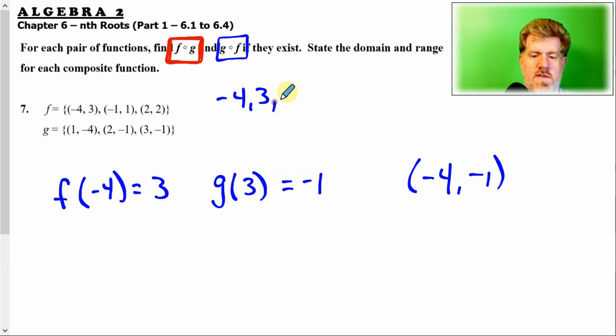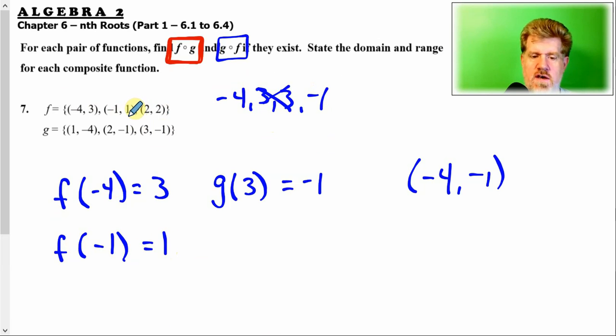Down here I got a 3, -1. As long as these two match up, -4, -1. All right, -1, 1. Which means I didn't write that correctly, sorry. If I put in -1, I get out 1.